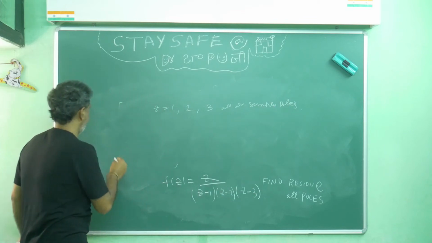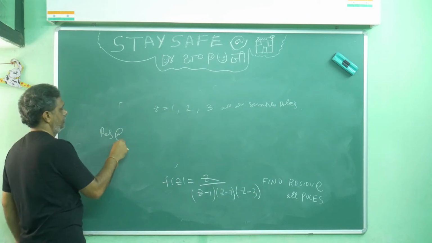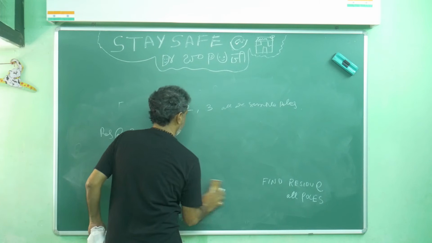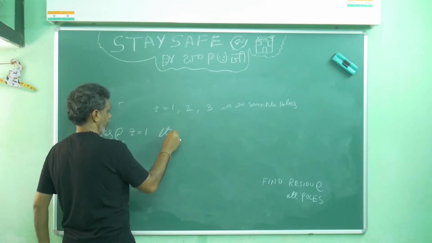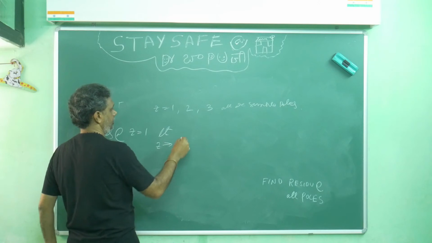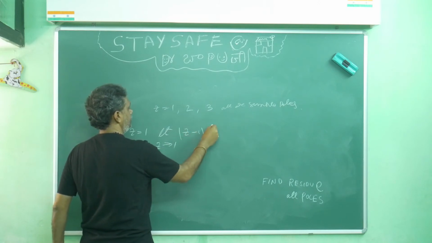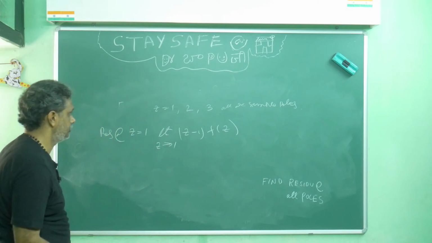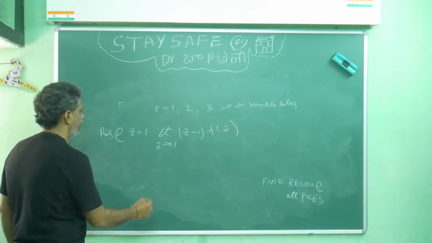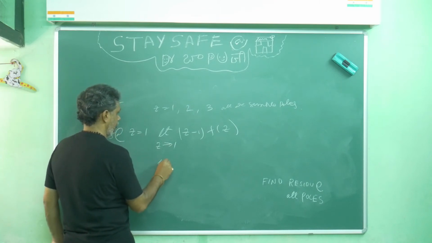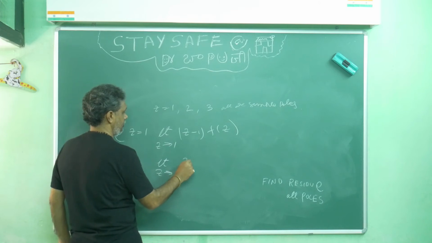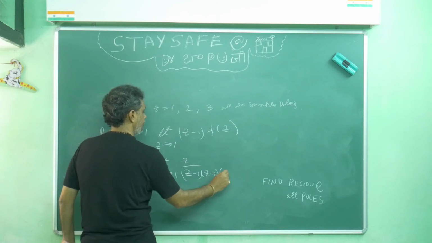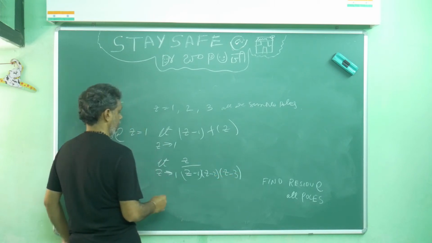Now the residue at z is equal to 1. Residue at z is equal to 1 means I will write limit z tends to 1, (z minus 1) f of z. What is my f of z? This is limit z tends to 1, (z minus 1) into z by (z minus 1)(z minus 2)(z minus 3).